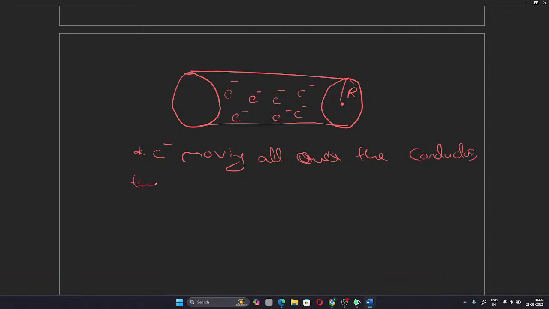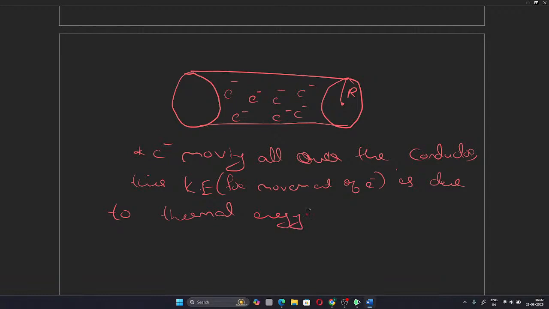This kinetic energy for movement is provided due to thermal energy, or the surrounding room temperature, which will give the electrons thermal energy.